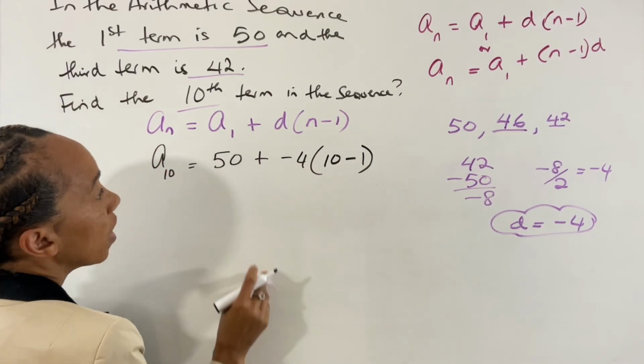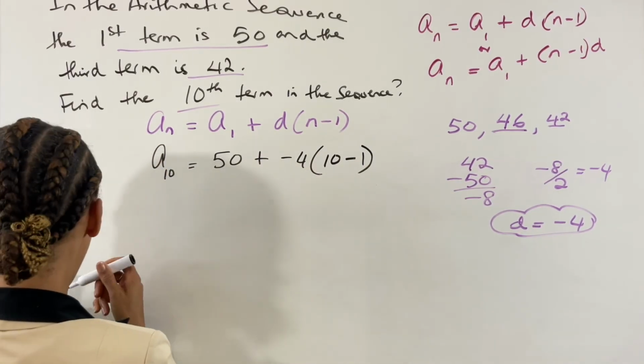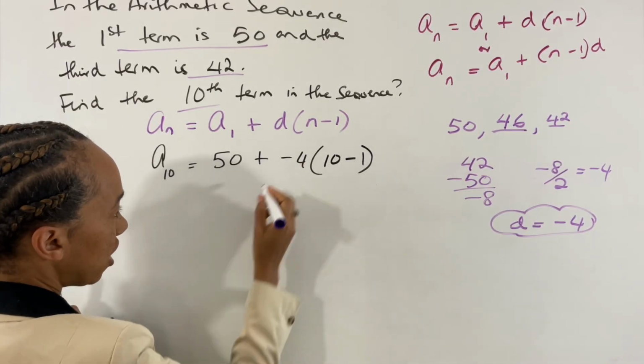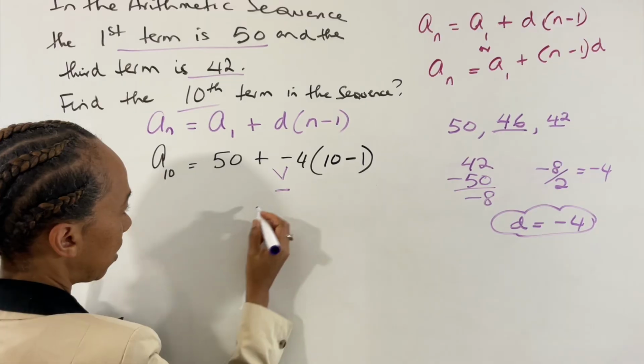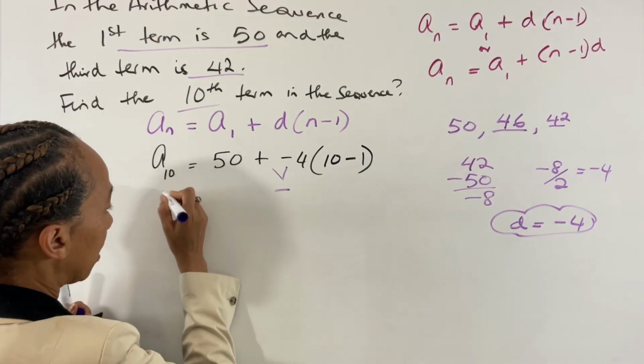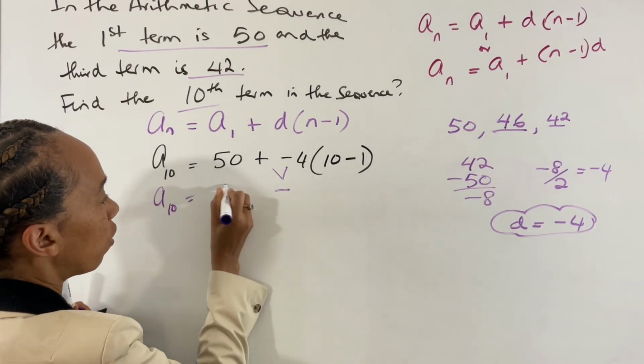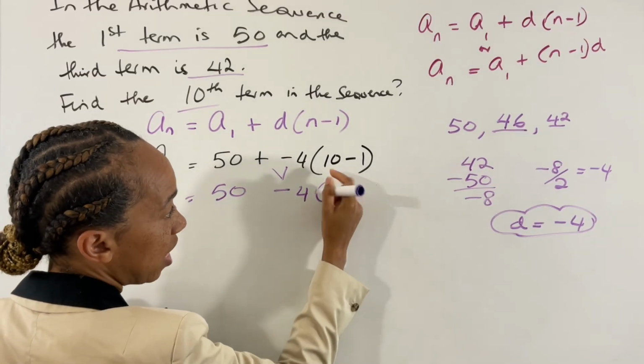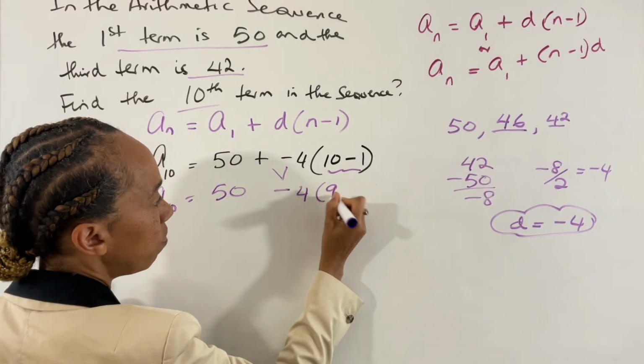All right? So when you see an addition sign and a subtraction sign together, you can change that, because that is just going to be a subtraction. So you can rewrite it. A sub 10 equal 50 minus 4 open parentheses, and you can do the math here, which would be 9.